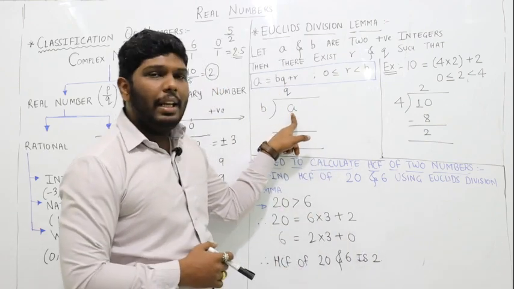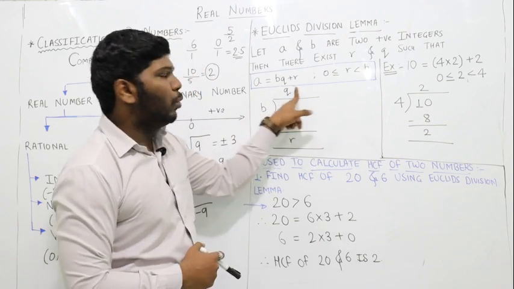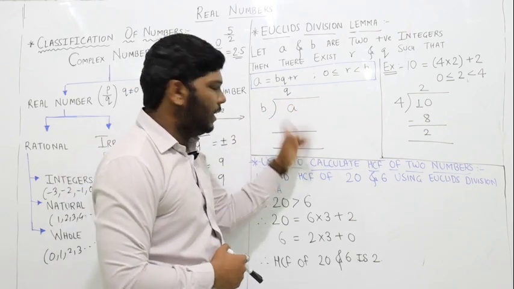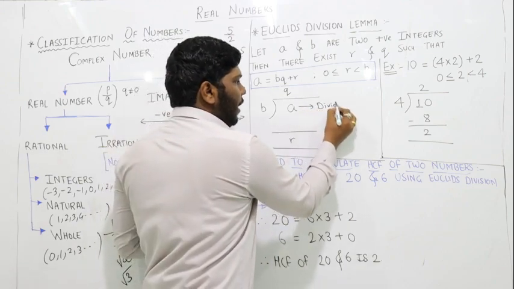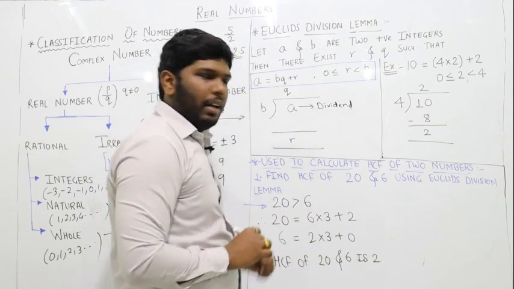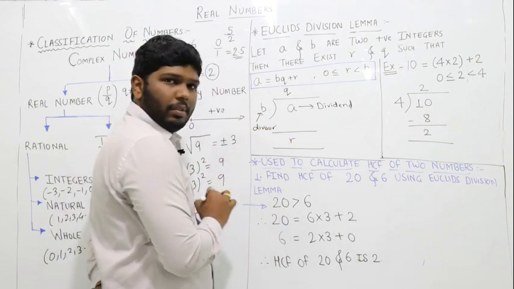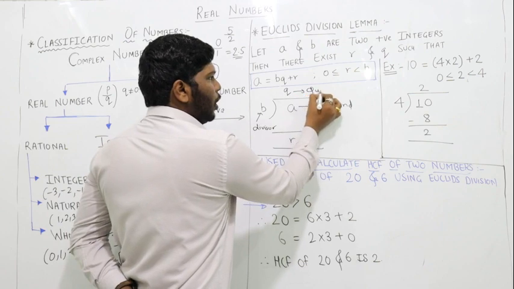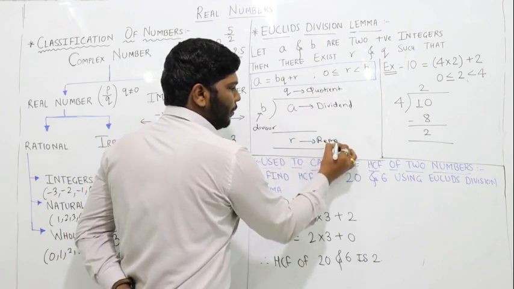So if I divide any number a by a divisor b, we get a quotient q and the remainder is r. So this value is called the dividend. Similarly, this value is called the divisor. q is called the quotient and r is the remainder.